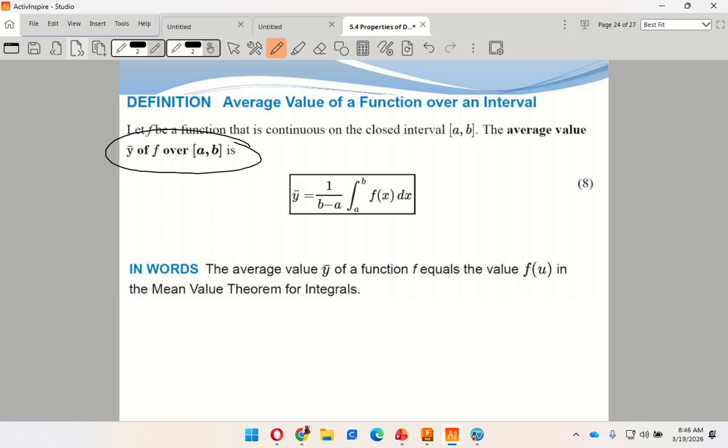So it's basically, if I had a graph, from here to here, this is f of a, f of b, this is a, and this is b.